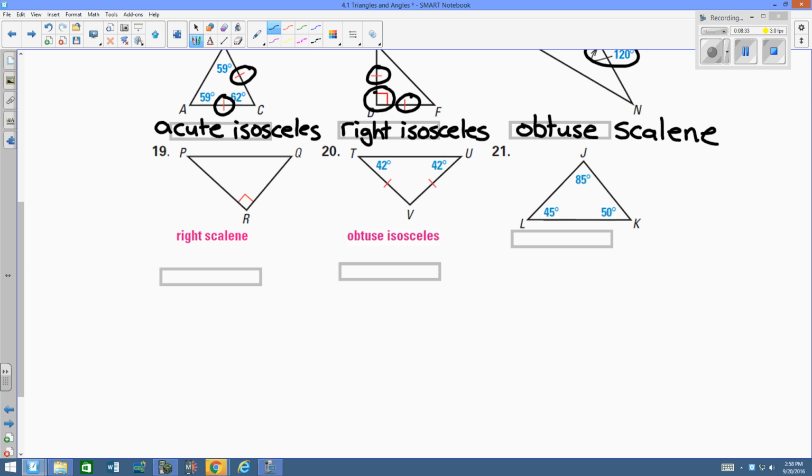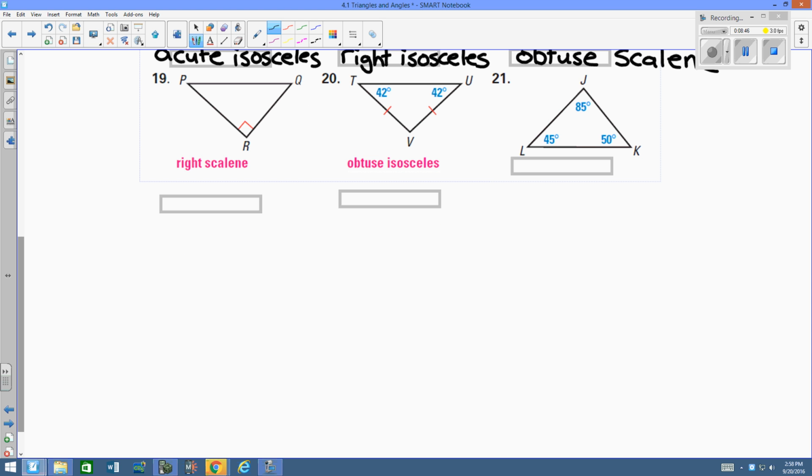So for this one, they're saying that this angle is greater than 90. So how would we know that that's greater than 90? All triangles always have to add up to 180. So angle V plus 42 plus 42 has to equal 180.